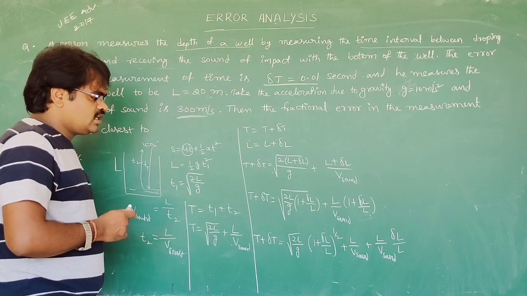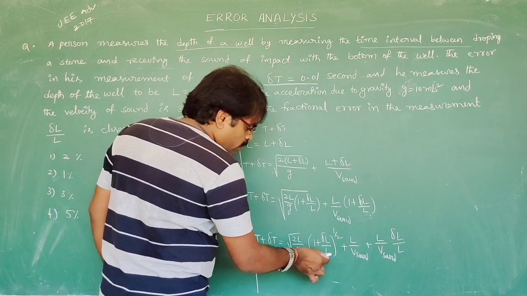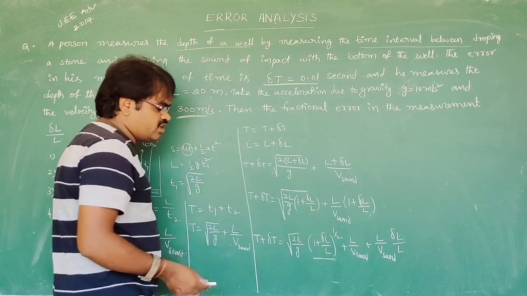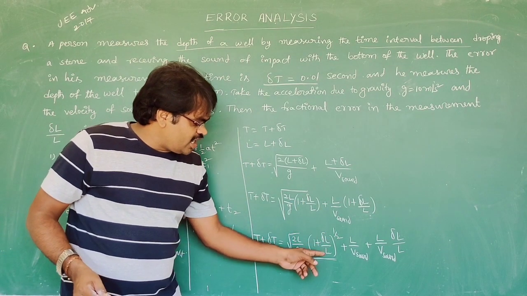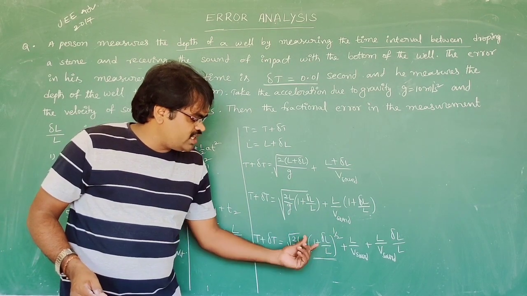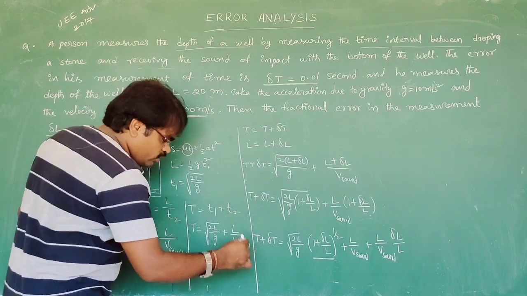Then we write. Now here, using the binomial expansion, (1 plus delta L by L) whole power of 1 by 2 is expanded. Then what do we get?